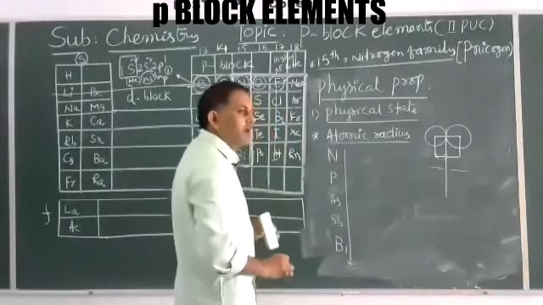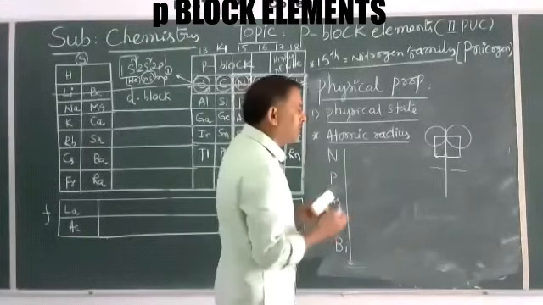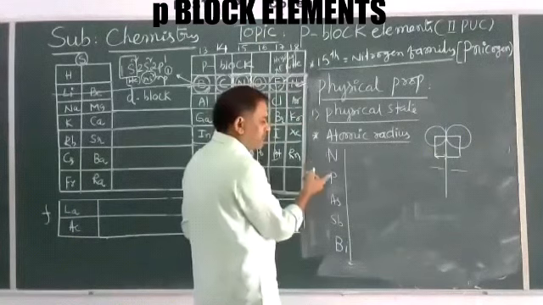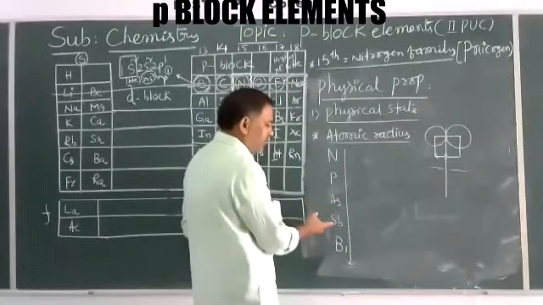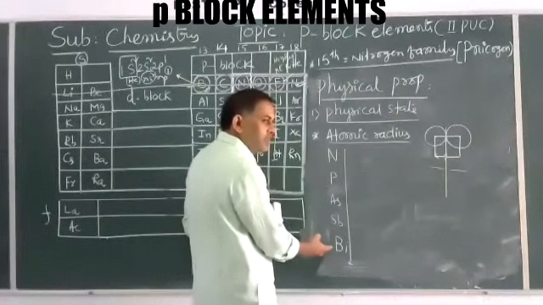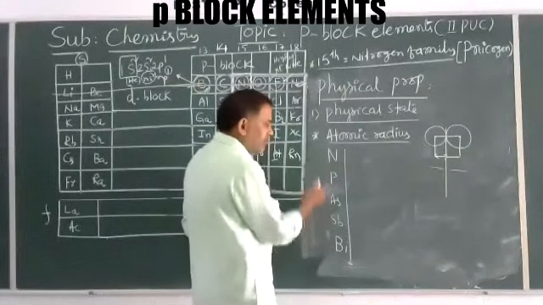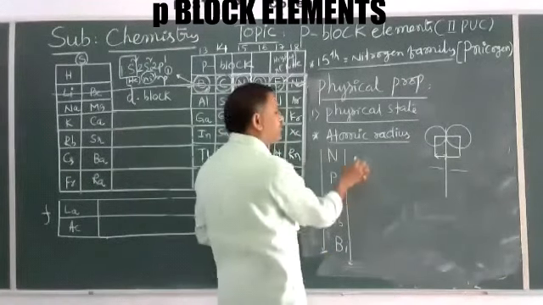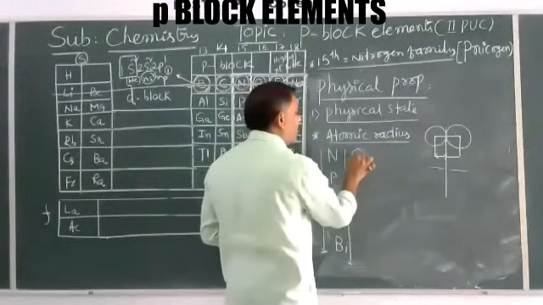Increases. Covalent radius increases because the atomic number increases top to bottom: 7, 15, 33, 51 and 83. Top to bottom the newly added electron enters a new main energy level.